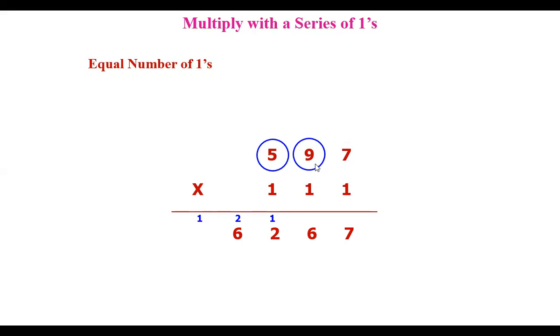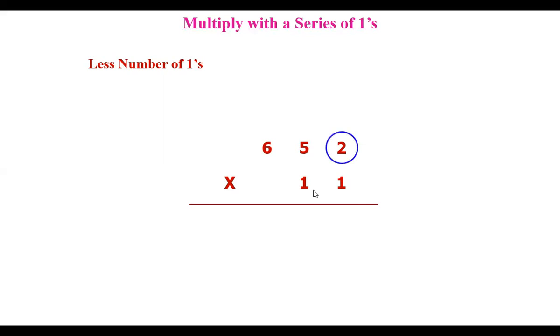Next only 1 digit, that is the leftmost 5. 5 plus 1, 6. So the answer of 597 multiplied with 111 is 66,267. So that's how we get even a bigger number with 3 digits also.